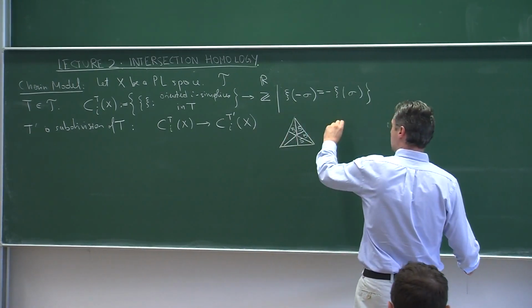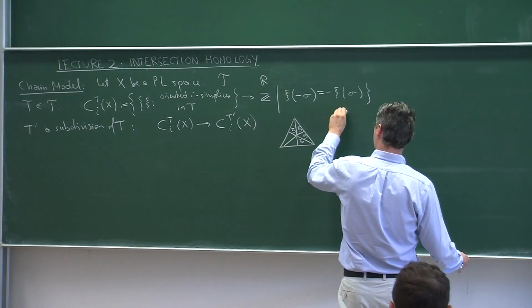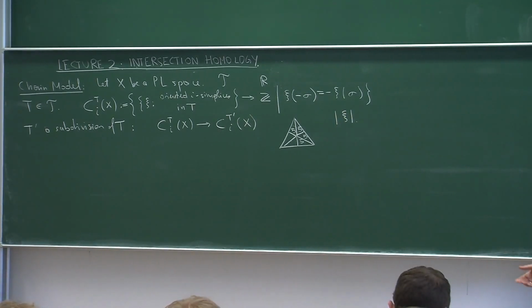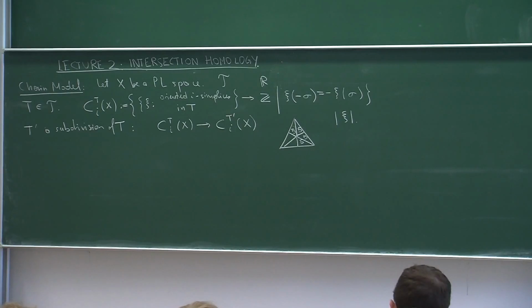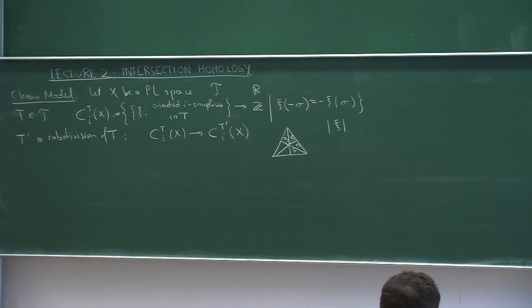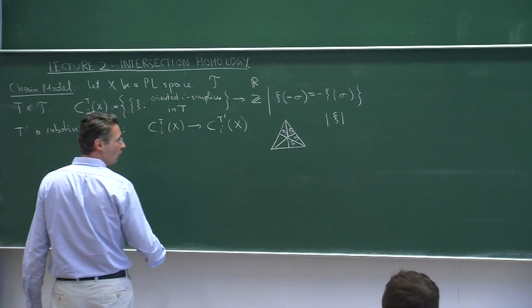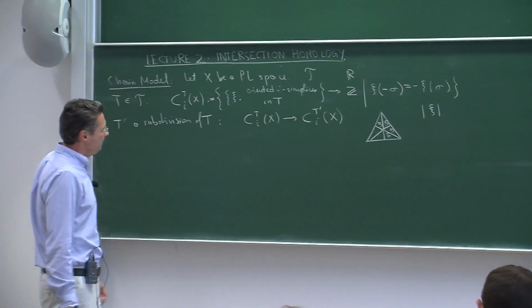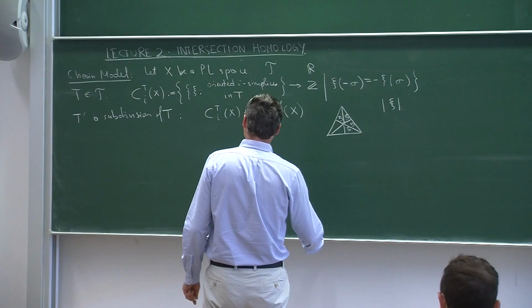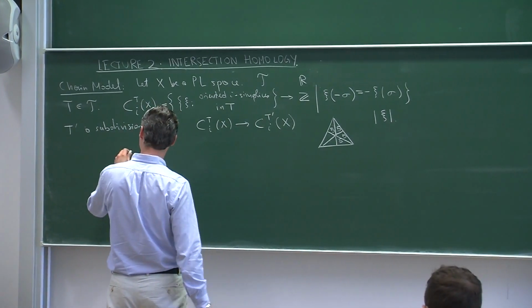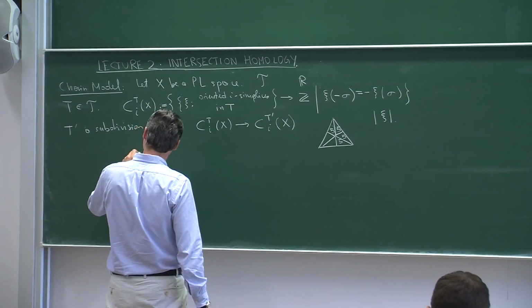Notice also that there is something called the support of a chain, which is just the union of all closed simplices where the chain has non-zero value. I'll write it with these bars, bar Xi. That's a subcomplex, a sub-PL space of X. And now, with respect to this system of maps, I can then take the colimit.